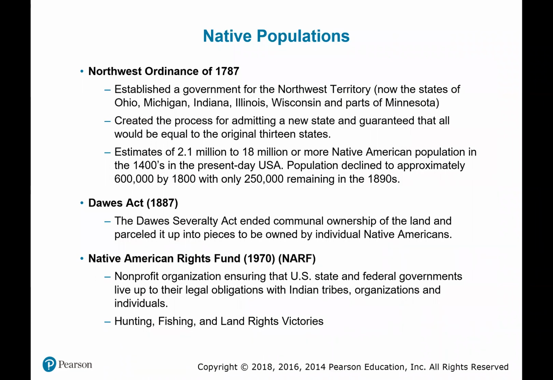So Native populations were highly affected by the Northwest Ordinance of 1787. And this originally had a good intent. It established a government for the Northwest Territory, that's now the states of Ohio, Michigan, Indiana, Illinois, Wisconsin, Minnesota. And it created a process for admitting a new state and guaranteed that any new state would be equal to the original 13 states.